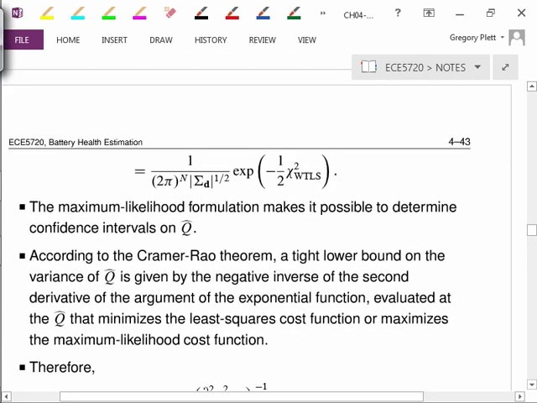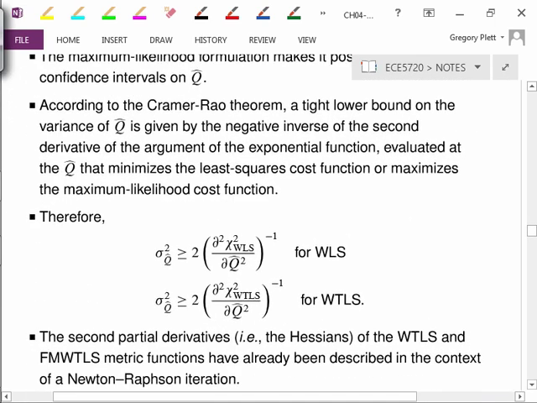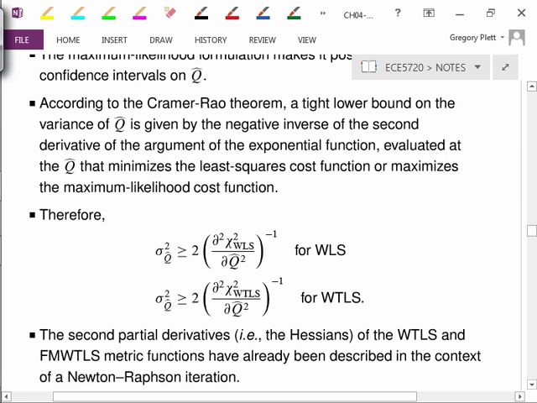Now, why is that critical? Well, in maximum likelihood theory, there's something known as the Cramer-Rao theorem. The Cramer-Rao theorem allows us to establish the confidence intervals on Q hat, and it puts a lower bound on the variance of Q hat.